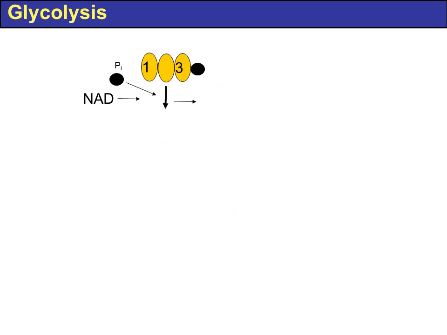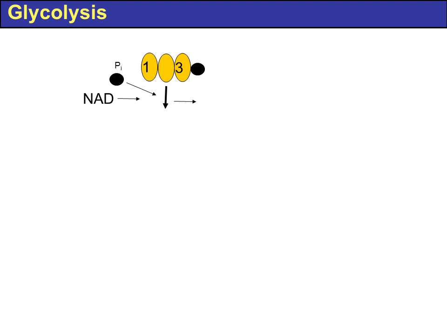The next step, we're going to need an inorganic phosphate group. This phosphate group is not attached to a carbon. We will also need an acceptor, and it is going to accept electrons from glyceraldehyde 3-phosphate. So the sugar that has the 3 circles is glyceraldehyde 3-phosphate, and it has a phosphate group located on carbon 3.